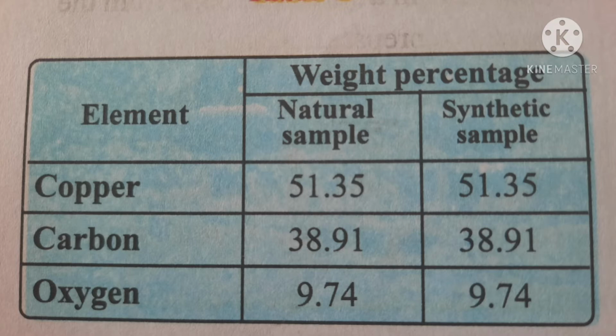Children, look at this table. In this table, he took two different samples of copper carbonate. One is extracted from the earth, as it is a natural sample, and the other is a synthetic sample, that is, it was prepared in the lab.